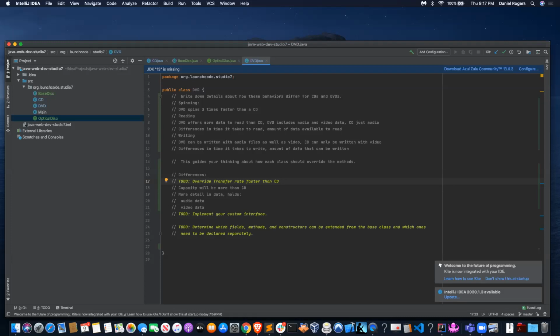So override the spin method to indicate faster transfer rate than CD. The capacity will be more than CD.